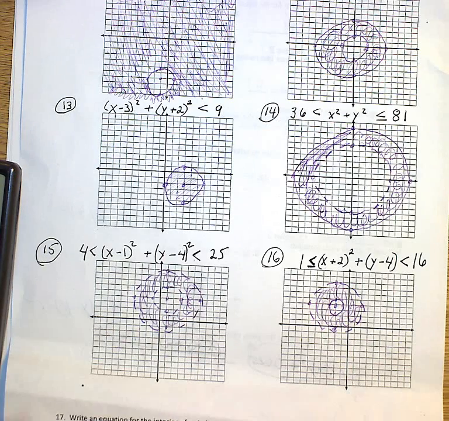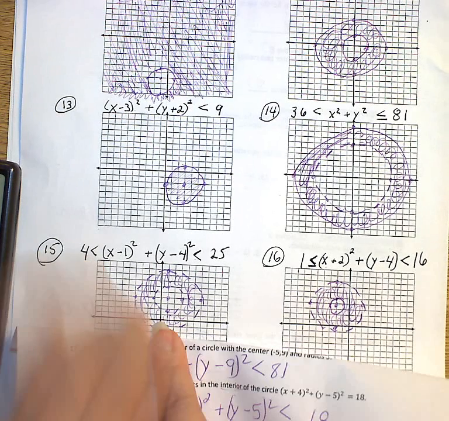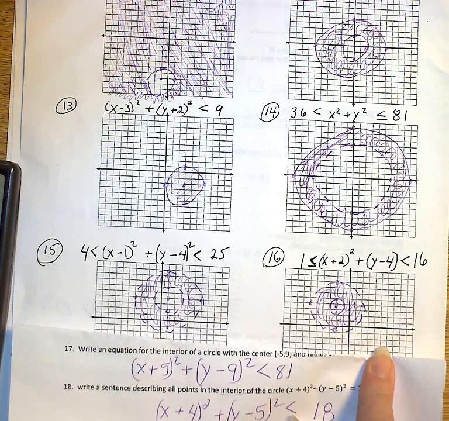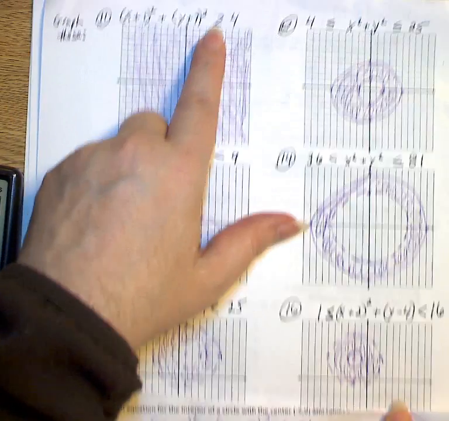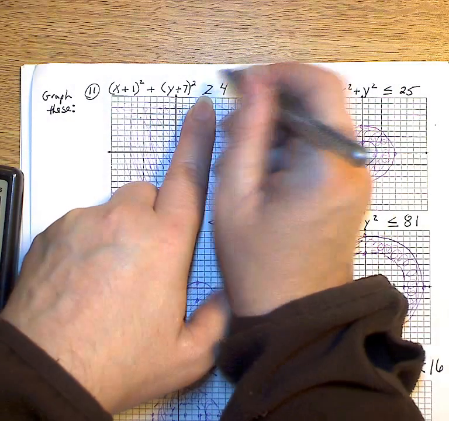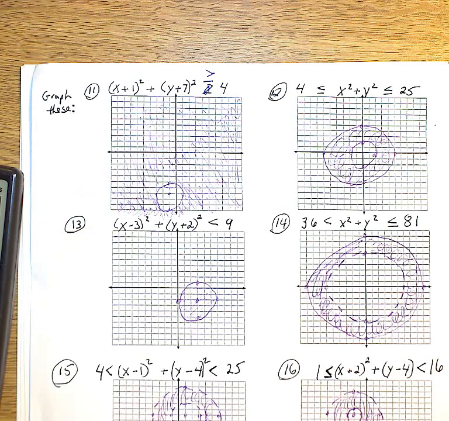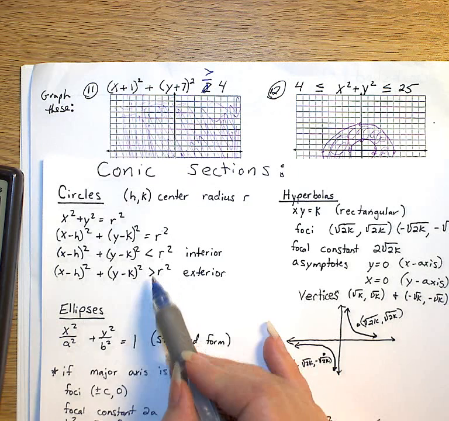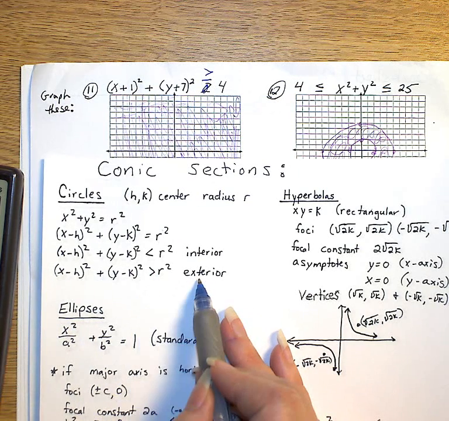Backside. Here's your backside. Because this right here says it's less than or greater than or equal to. Then you go to here and it says that if your points are greater than your radius, then it's the exterior.